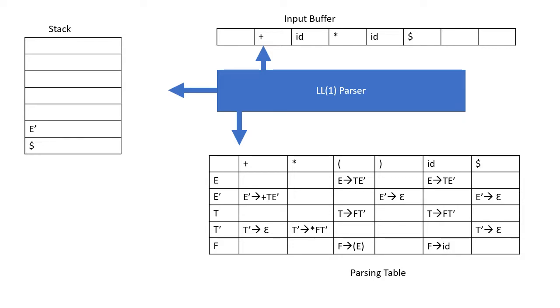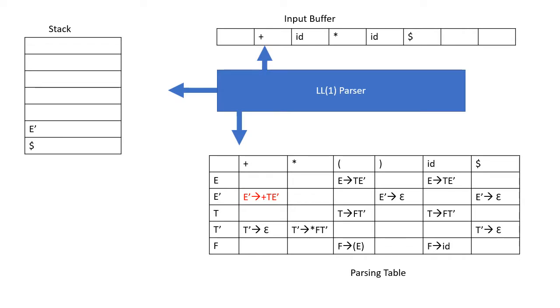So E dash is replaced by plus T E dash. Now again plus and this is plus. So it's a match. We will pop plus from the stack and remove plus from the input buffer.